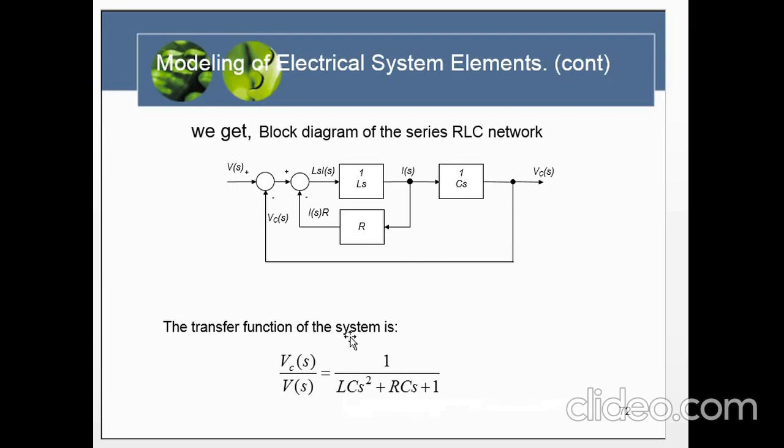Okay, the transfer function of the system: by reducing this block diagram, you can get the transfer function Vc(s) per V(s) equal to 1 per LCs squared plus RCs plus 1.